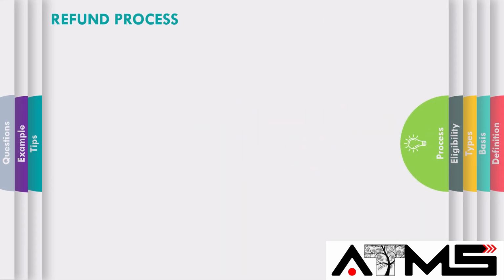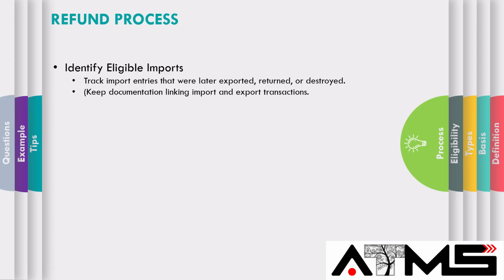Let's walk through the duty drawback process. The first step is to identify eligible import transactions. Review your import records to determine if the products were later exported or destroyed under customs supervision. Make sure to secure all import and export documentation related to these transactions. Once your documentation is ready, you will need to submit your drawback claim electronically through the ACE system.